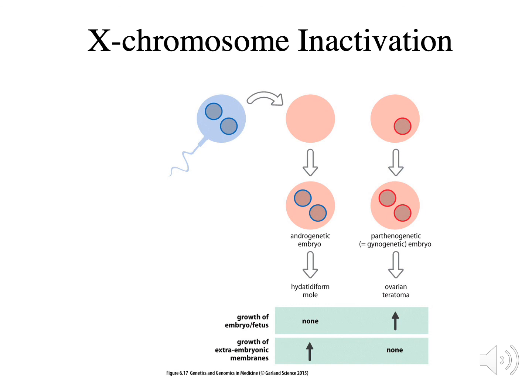On the left-hand side of this figure, you have an egg, the pink circle, that's being fertilized by a diploid sperm. Sperm should be haploid, but in this case they're not. And that leads to the production of an androgenetic embryo.